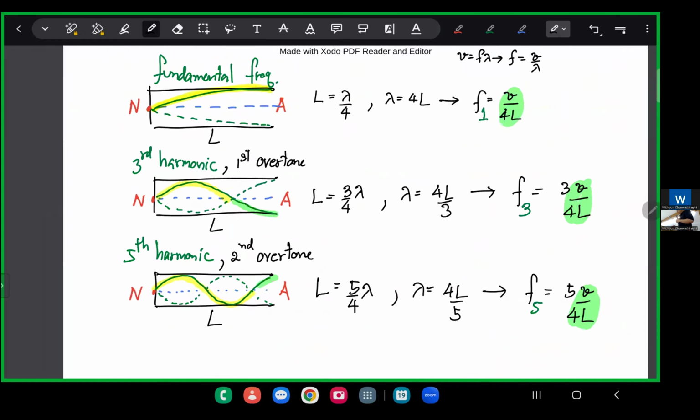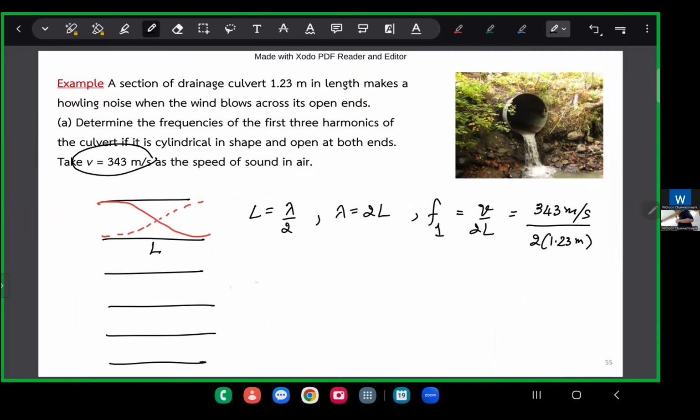So I can just say the next one is going to be twice the fundamental, and the third one is going to be triple the fundamental. My job is done, because you already know the nature of this type of tube. You can just refer to that property and be done with it.